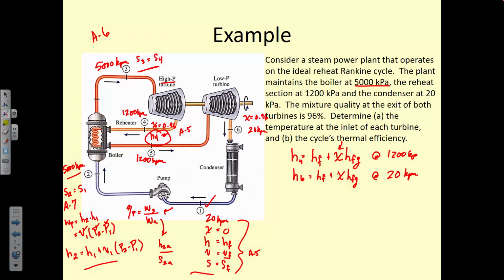Okay, so we're going to find H4 and H6 first, and then we go back and we know that the low pressure turbine, state 5, is at 1,200 kilopascals, and S5 is equal to S6, so we use that to find H5. See, I'm backwards.